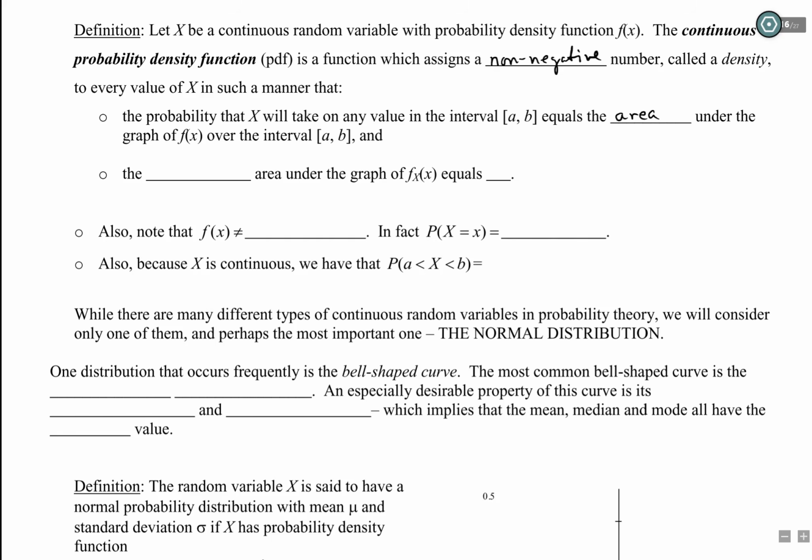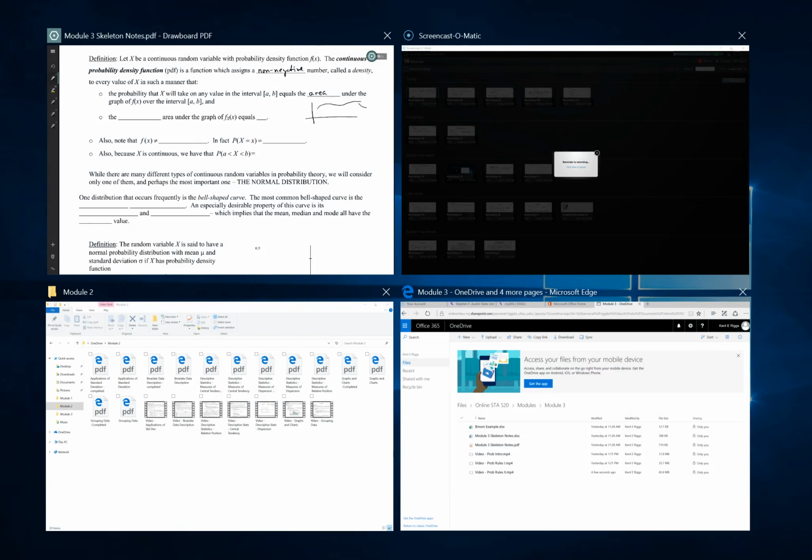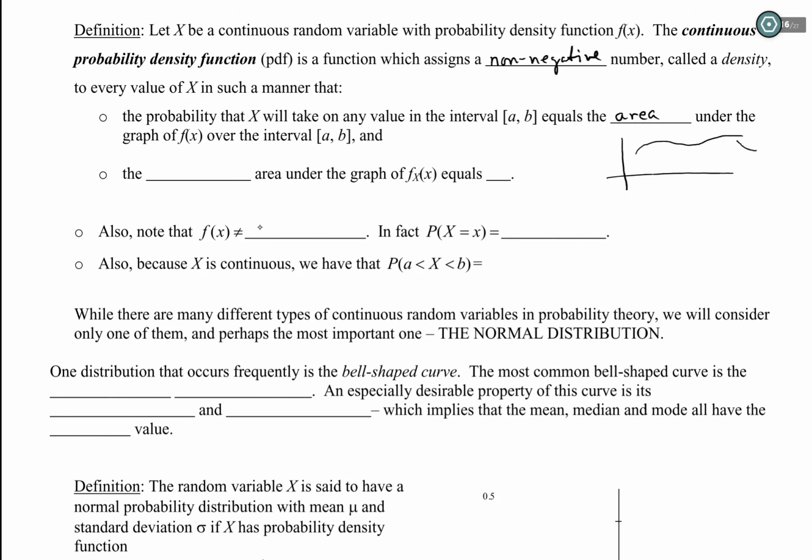And so if we want to look at this as a picture, say we have this PDF here. It's a continuous curve.